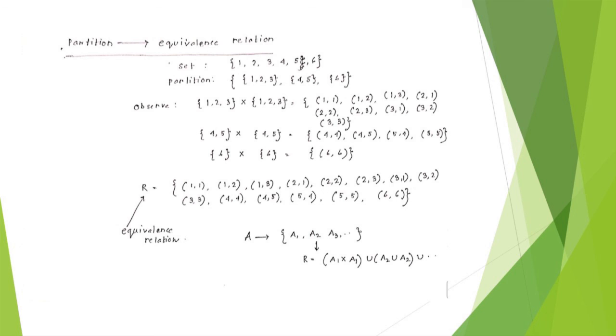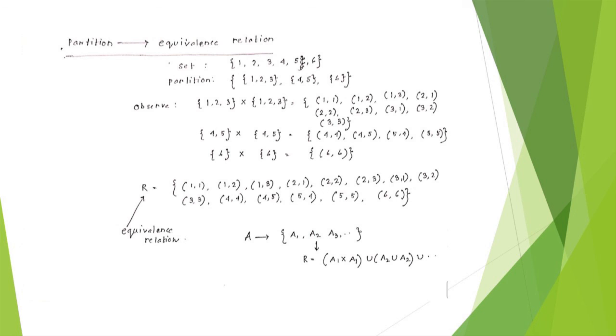So we have a set and we have its partition. Our task is to develop the equivalence relation on the set. The process by which we develop this equivalence relation is like this. We just take the Cartesian product of the first partition with itself, the second partition with itself, and the third partition with itself.